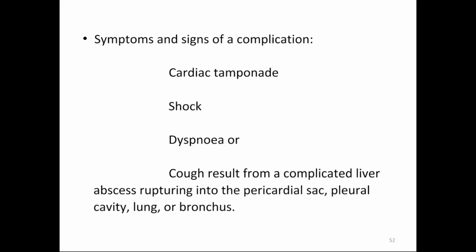So always remember, liver and biliary tract. You have referred pain to the right shoulder. This is one thing you should always ask the patient if you are suspecting liver-related illnesses. You can always ask if there is a pain that is referring to the right shoulder.